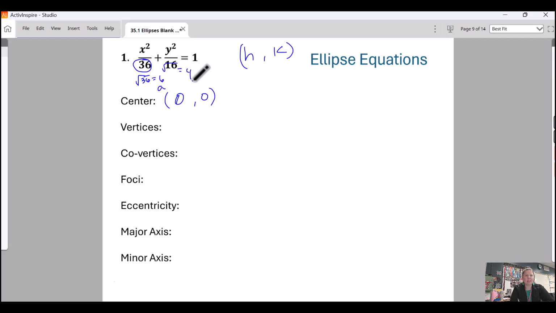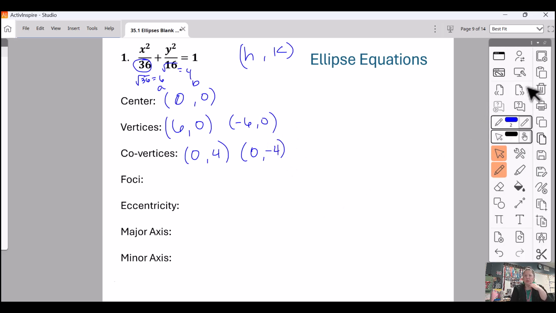So A is 6, B is 4, and from the center I am going left 6 and right 6 to get to my vertices. That's 6, 0 and negative 6, 0. My co-vertices, because the 4 is shorter and is with Y, we're going up and down, so that changes my Y value: 0, 4 and 0, negative 4.